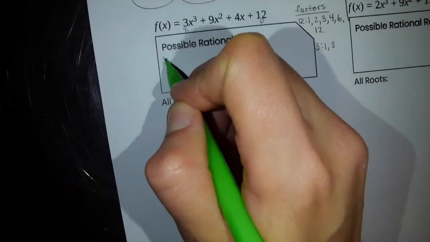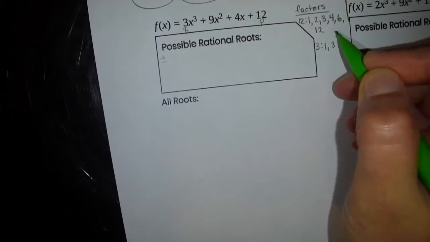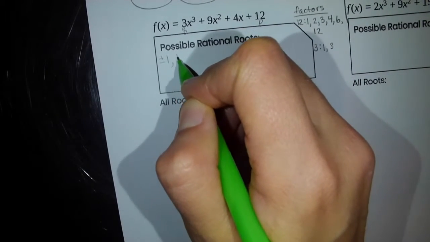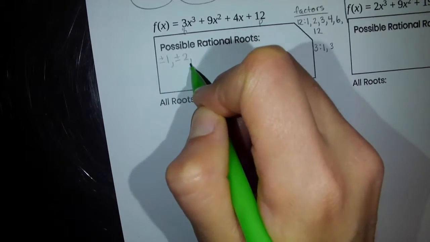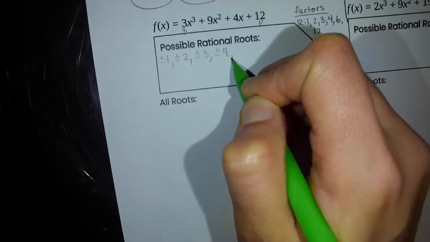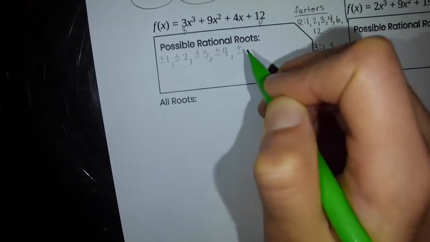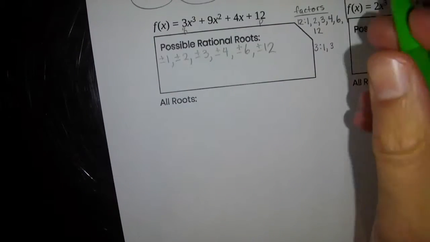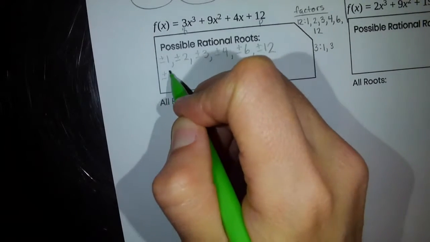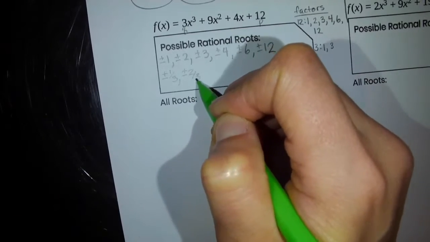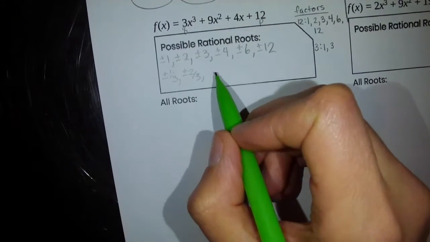So we have plus or minus. So everything over 1, they stay as whole numbers. So it'll be 1 over 1, plus or minus 2 over 1, plus or minus 3 over 1, plus or minus 4 over 1, plus or minus 6 over 1, and plus or minus 12 over 1. Next we have over 3, so plus or minus 1 over 3, plus or minus 2 over 3, plus or minus 3 over 3 is 1.